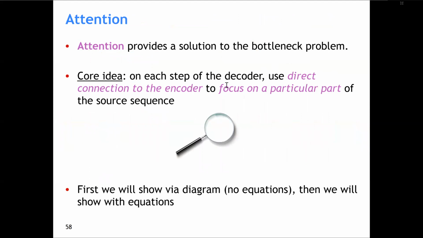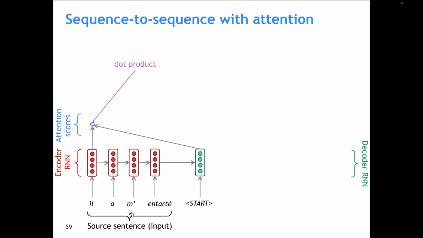Originally, we just depend on the last hidden state. Here, we make a direct connection to, for example, all the hidden states of the cells in the encoder. So here shows the example.